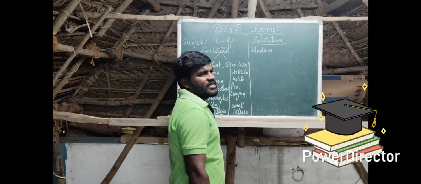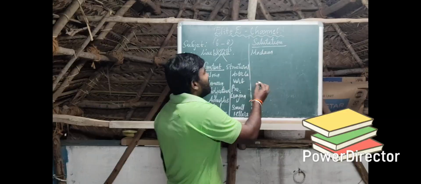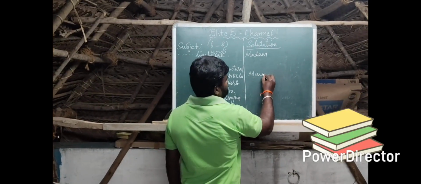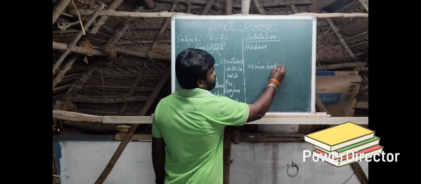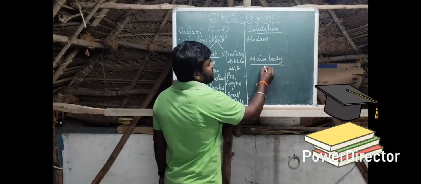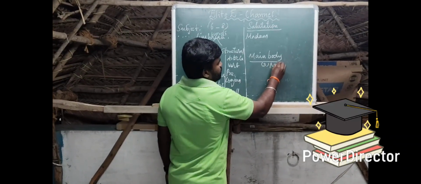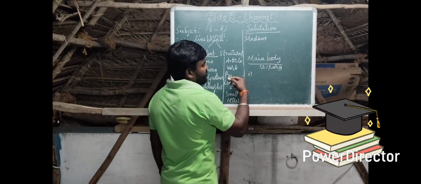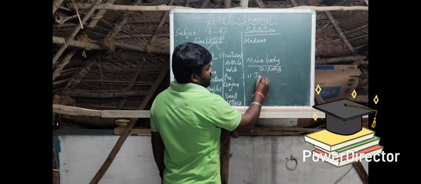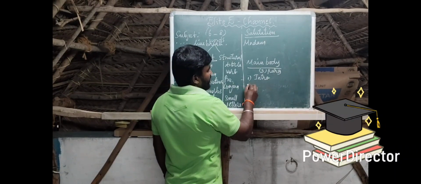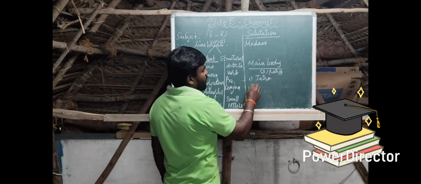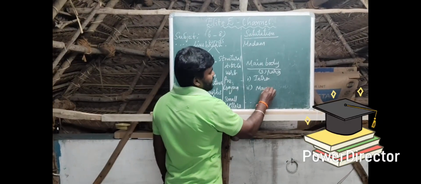So after the salutation, we have to start with the main body of the letter. The main body consists of 3 paragraphs. The first one is the introduction, the intro paragraph. The second paragraph is the main body, the main content.